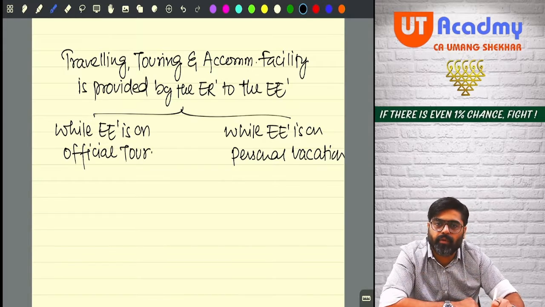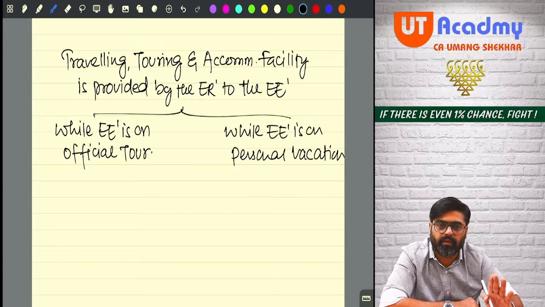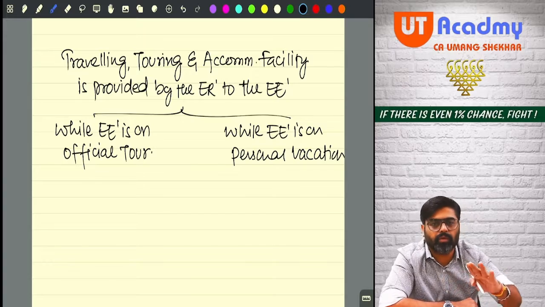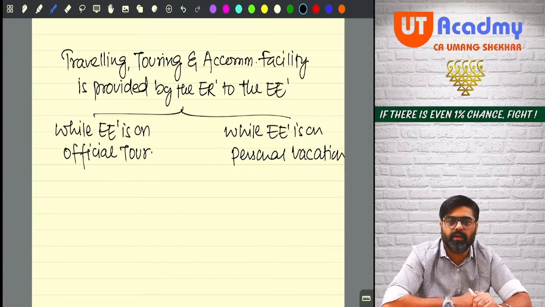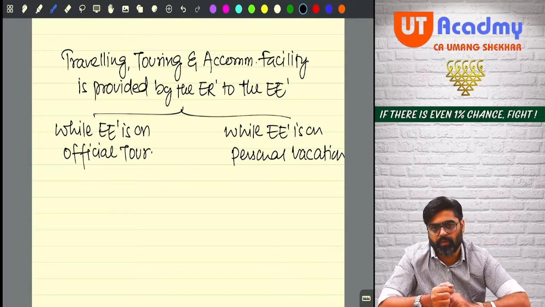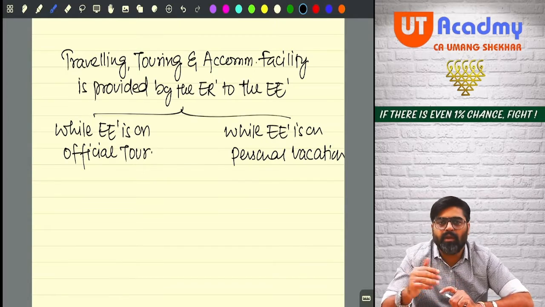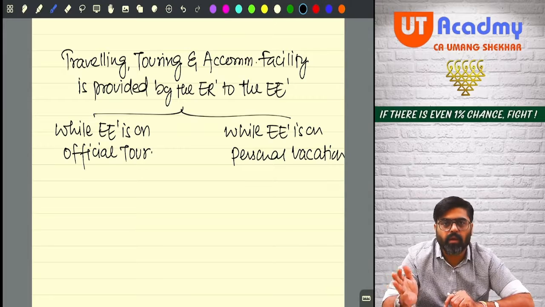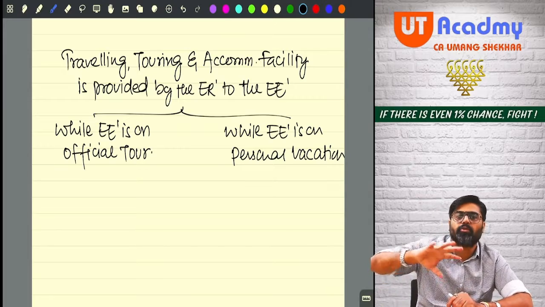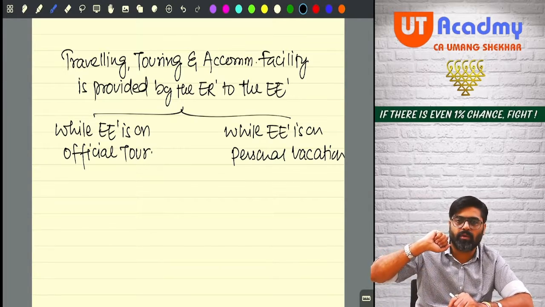Okay. So this facility is given, traveling, touring, accommodation, meaning that you are going to Mumbai for the company's work. And while you are in Mumbai doing the company's work, your local traveling and touring will happen, no?